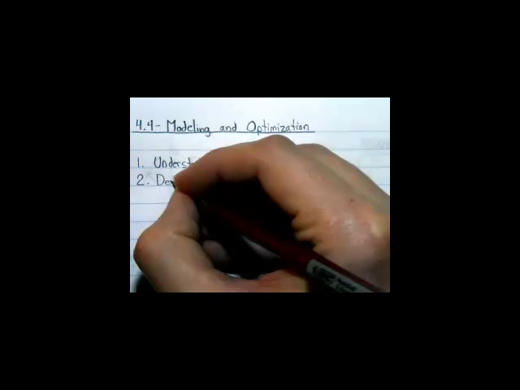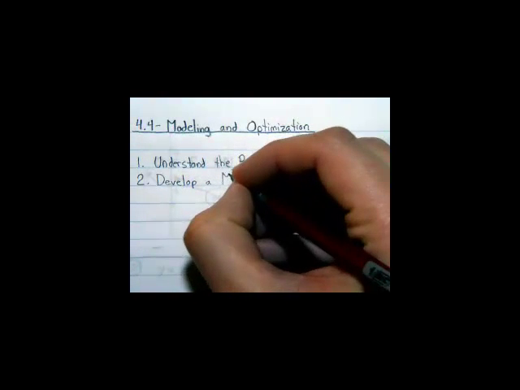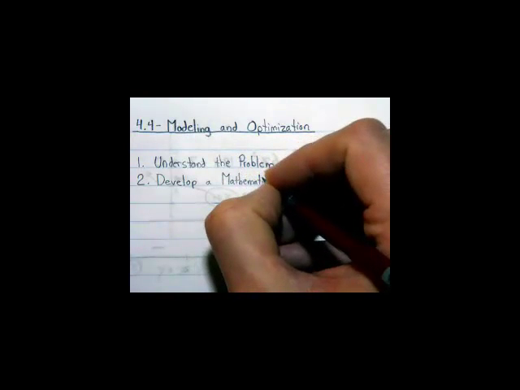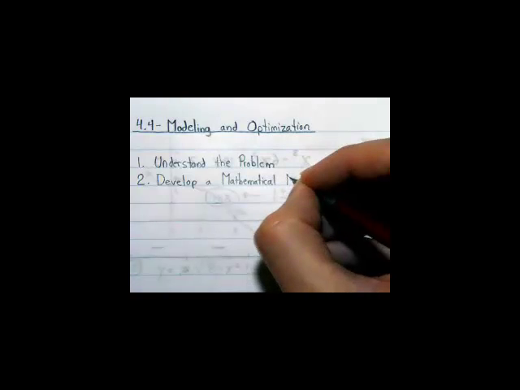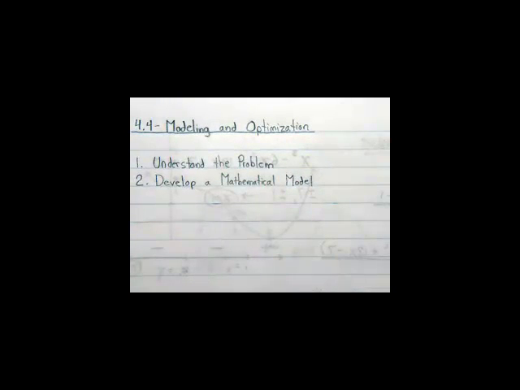So understand what you're looking for with that. Number two, and sometimes this can be the most difficult step, develop a mathematical model. Now, some of these, you're going to be given an equation, and so step 2 is kind of a moot point. But there are other ones where you have to actually come up with the equation based on what the situation is.